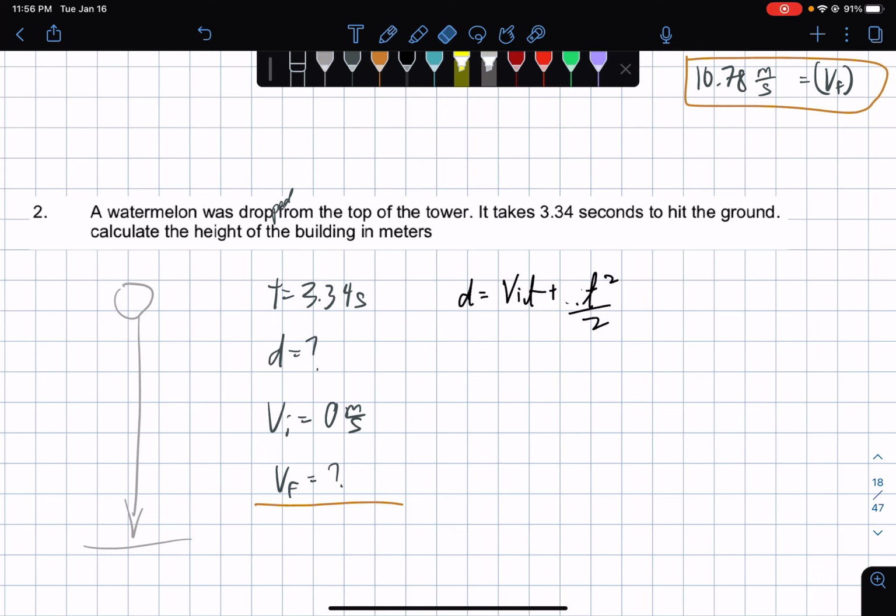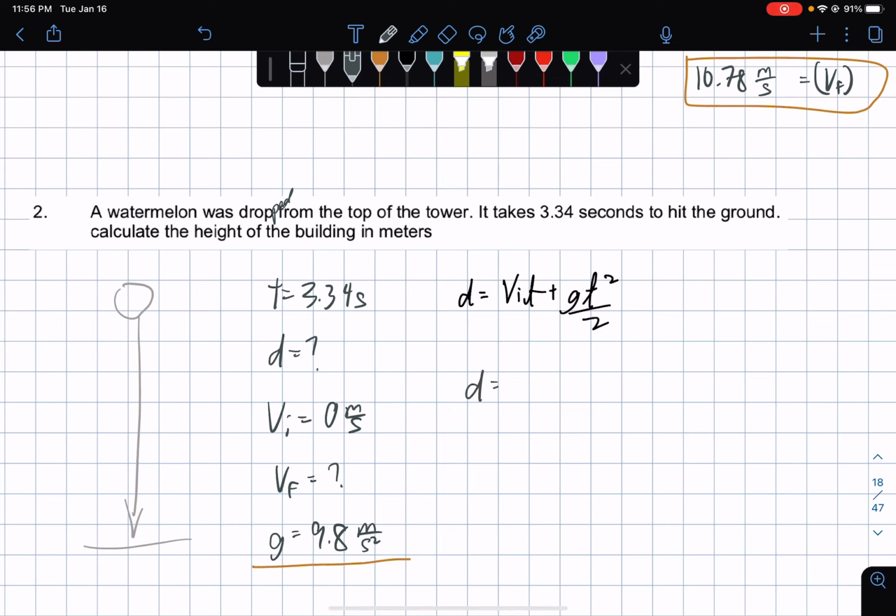This is not like the usual questions that we answer. Unlike the ones in the previous videos, instead of acceleration, we put G. Instead of A, we put G. G is basically gravitational acceleration. Since the ball is going down, Earth's gravity measures 9.8 meters per second squared. And since it goes down, the value is positive.